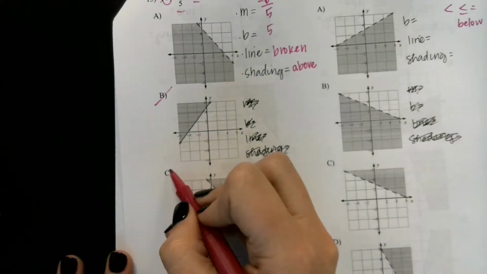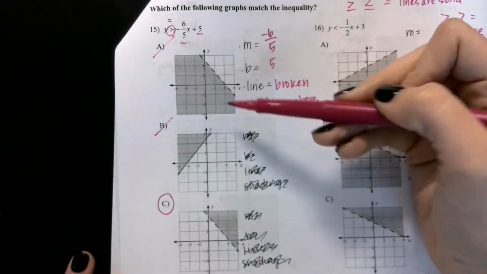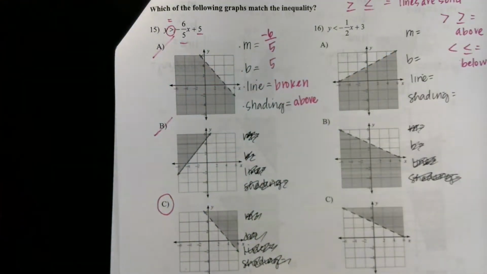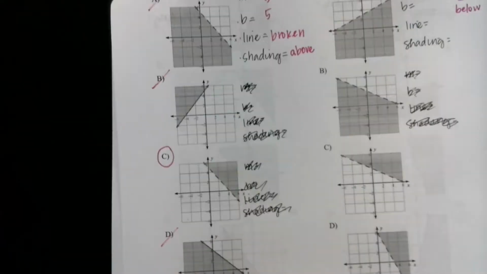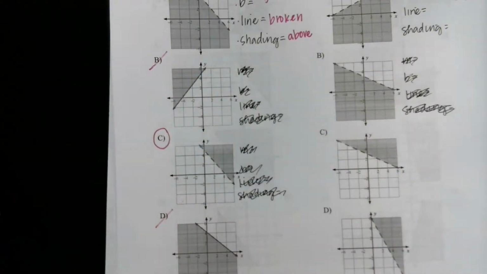We can eliminate A since the shading is below the line. So sometimes you don't even need to find the y-intercept or find the slope. You can just tell by some of the characteristics that your answer needs to be C. You'll do the same steps for number 16, but I'm going to skip right along and move on to number 17. We're going to do the exact same steps.